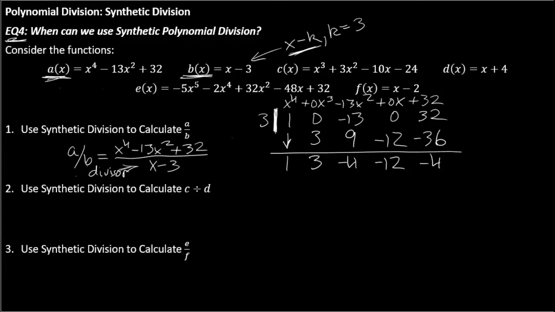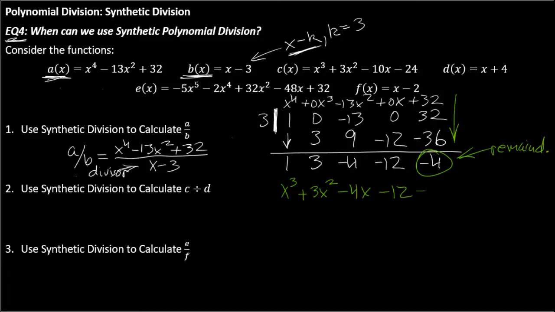So this is going to be 1x to the third, or just x to the third. Then we follow suit with all the other terms going left to right: plus 3x squared minus 4x minus 12. This last column here, if there's not a 0 here, this is our remainder.